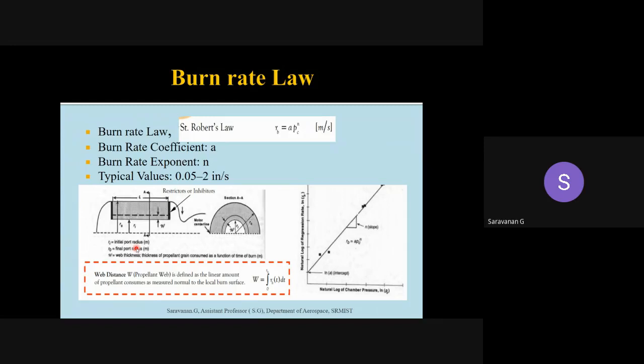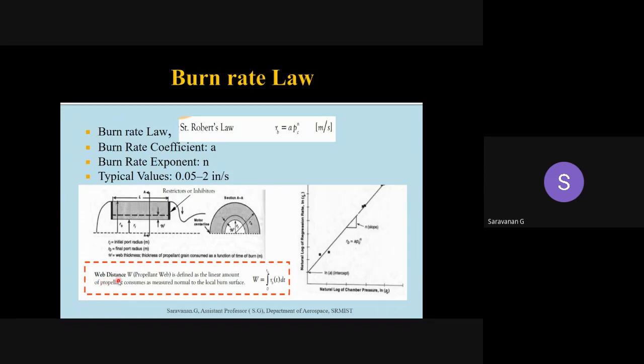The difference between the final and initial port radius with respect to the burning time is nothing but the burn rate. So r is the regression rate.